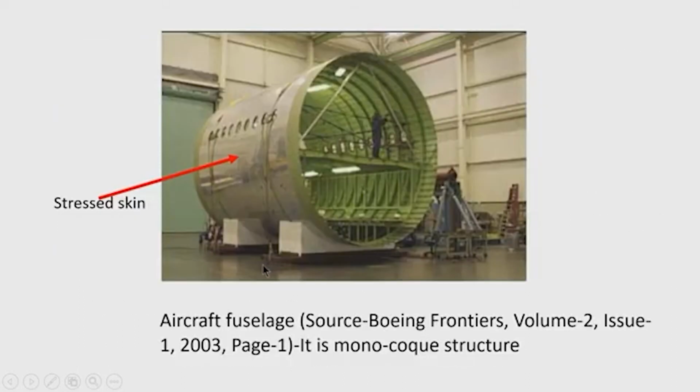Now, you can see another application of the shell, say aircraft. The aircraft fuselage, the main body of the aircraft, where passengers and cargo are housed. You can see it is a round shell. So, it is a closed shell and this aircraft fuselage acts like a stress skin.